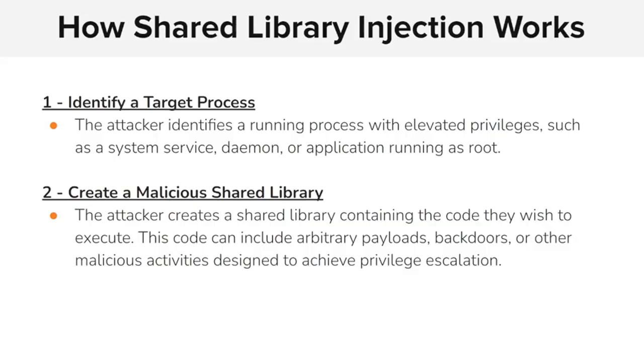This involves identifying processes with elevated privileges, or alternatively, as we'll be looking at in the lab, finding specific sudo privileges that allow us to execute specific binaries or services with root privileges, and consequently leveraging the preload functionality to load in a malicious shared object.